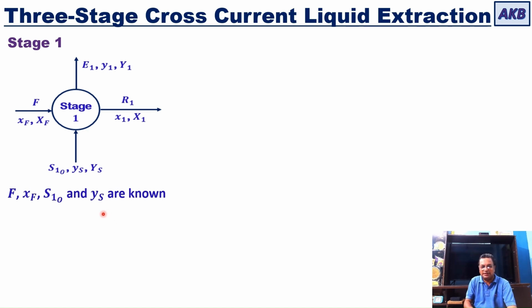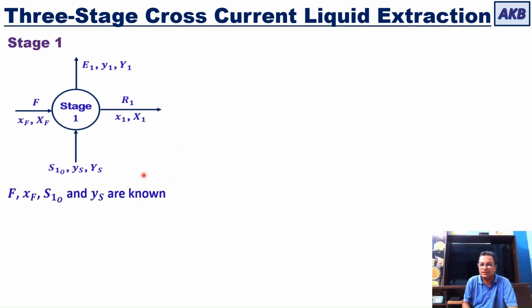You must have seen YS is the same for all the 3 stages. So this suggests that you are using the same solvent, but in different quantities. You are admitting a different quantity of solvent in stage 1, another quantity in stage 2, and some different quantity in stage 3.